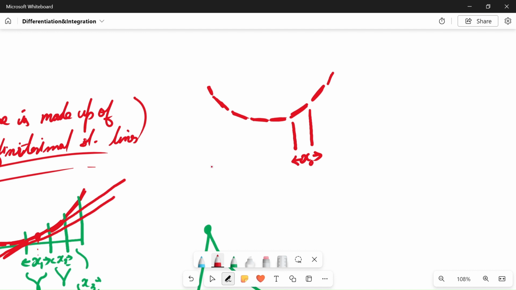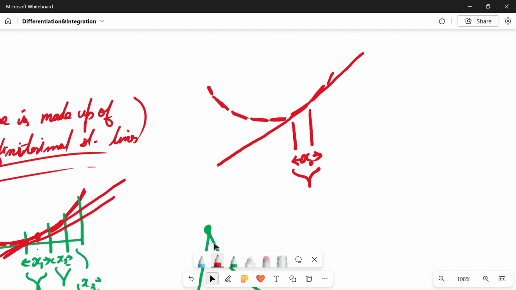So when you say that we are drawing a tangent at a point on the curve, what you actually mean is that you are extending the infinitesimal line in the neighborhood of that point on both the sides.